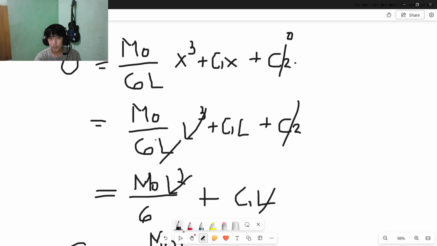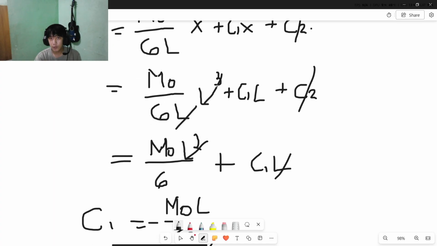The values here would be M sub O over 6L times L cubed plus C1 multiplied by L. So to simplify, we cancel that. We're left with M sub O times L squared over 6.